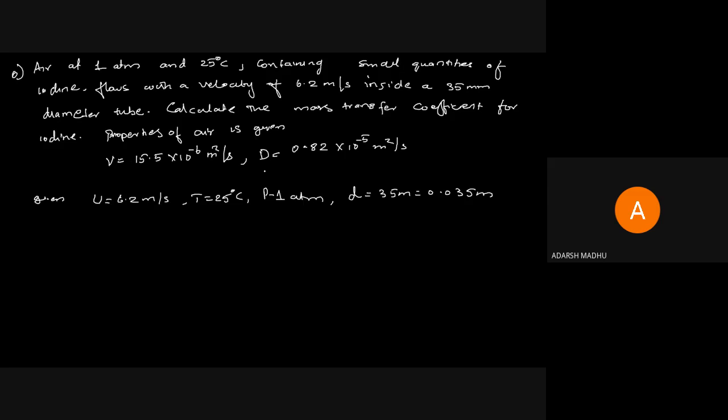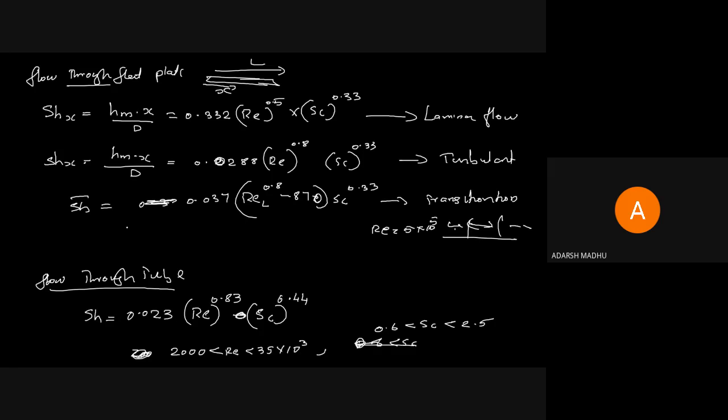So you want to find the convection mass transfer coefficient, or mass transfer coefficient. So we are taking the equation of Sherwood number. Sherwood number Sh equals hm into x by D, right?